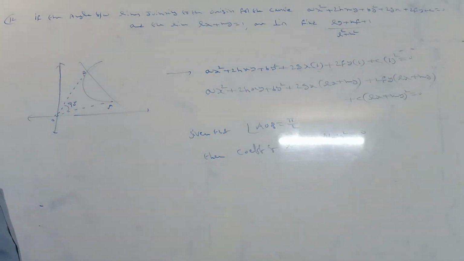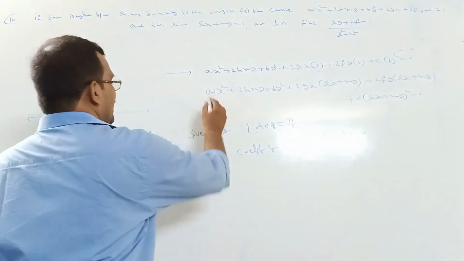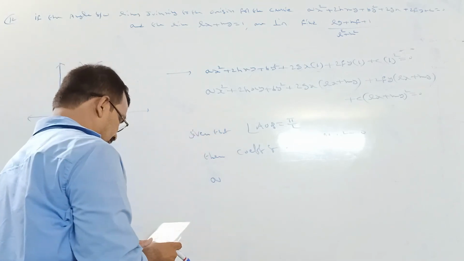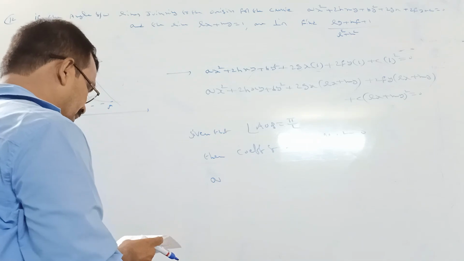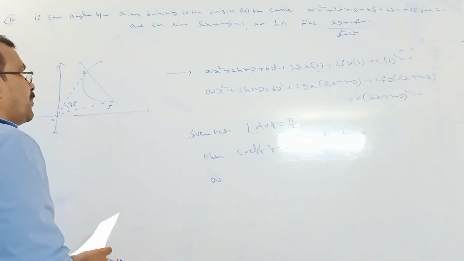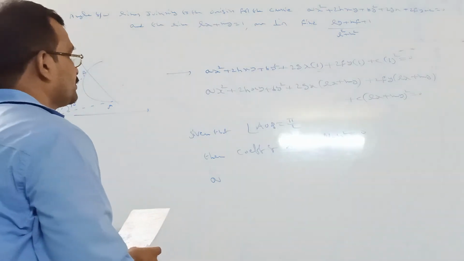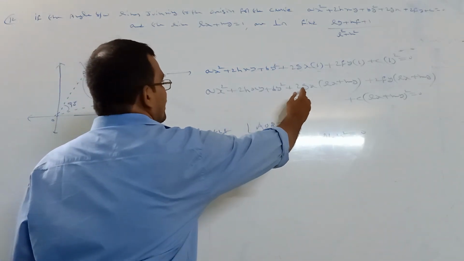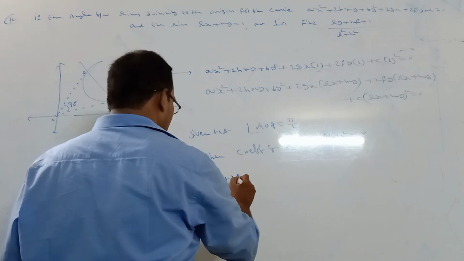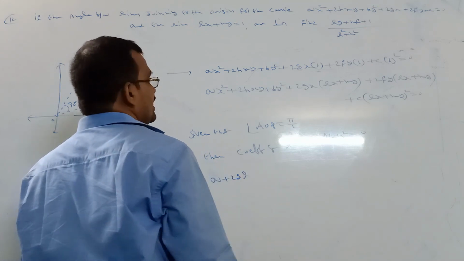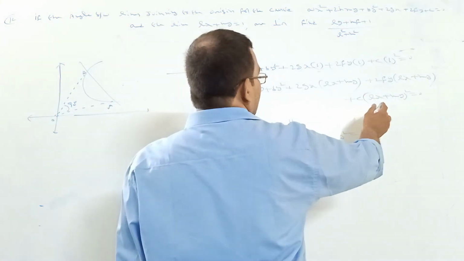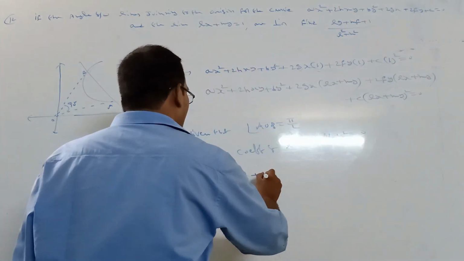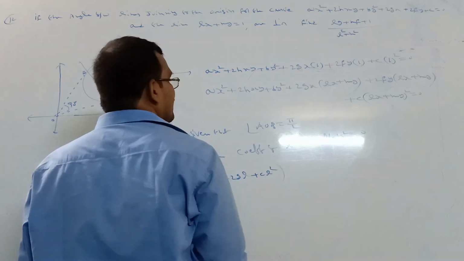So I should find the coefficient of x square: a plus 2gl plus cl square.